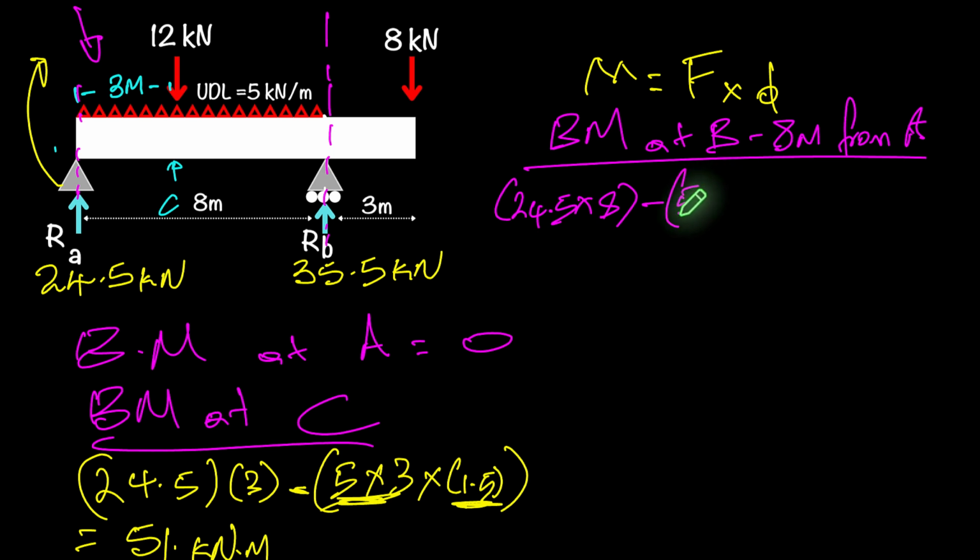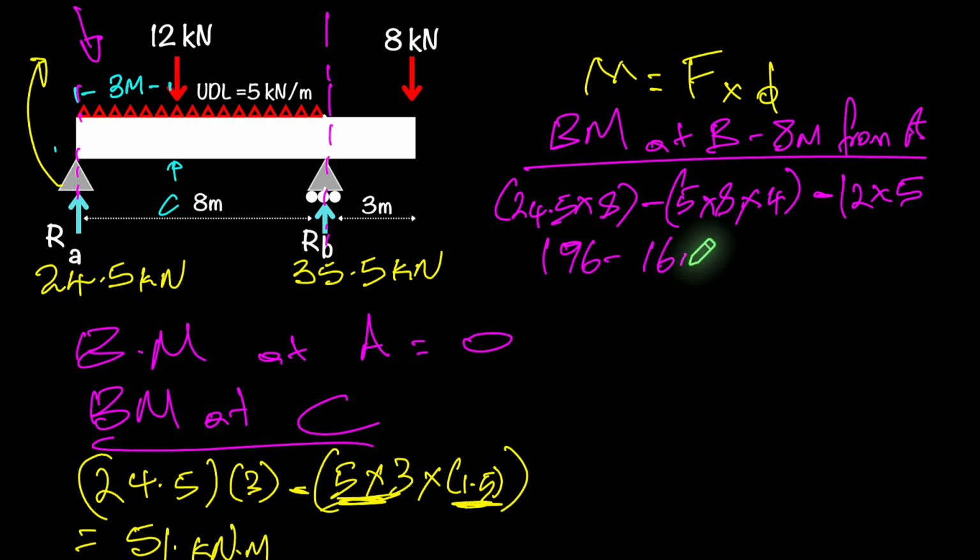So 5 now will be multiplied by 8. And this now is going to be times half the distance, which is times 4. So that's taking care of the UDL. And then minus now, so that 12 kilonewtons, so that's 12 multiplied by its distance of 5. Then when we simplify that, this will be 196 minus 160 minus 60. So this gives us a negative 24 kilonewton meters.